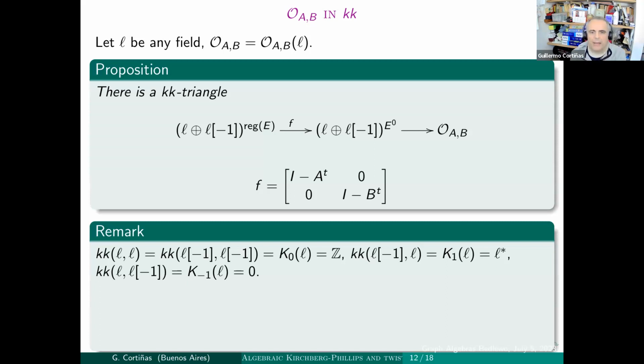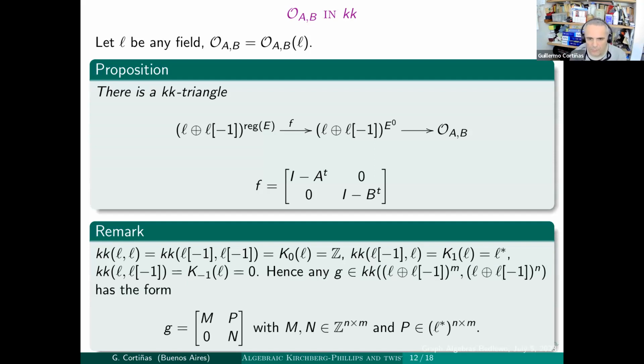On the other hand, the 0 in the lower left block is okay. It's the most general it could be, because this gives you k minus 1 of L, and k negative of a field is 0.